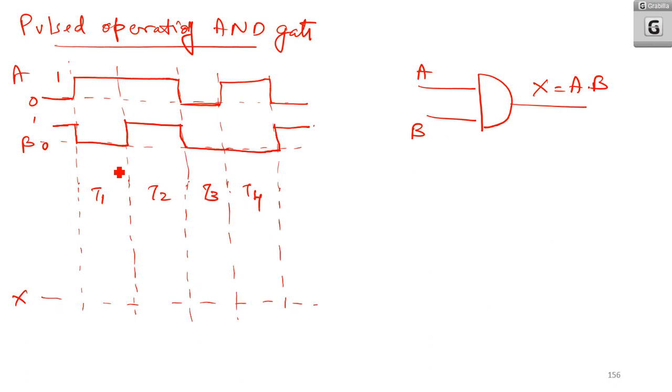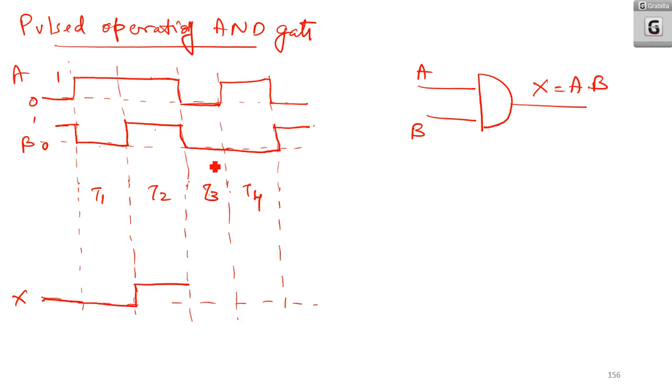Before the time instance T1, A is 0 and B is 1, and the operation is AND, 0 AND 1, that is 0. At time instant T1, 1 AND 0, that is 0. At time instant T2, 1 AND 1 is 1.